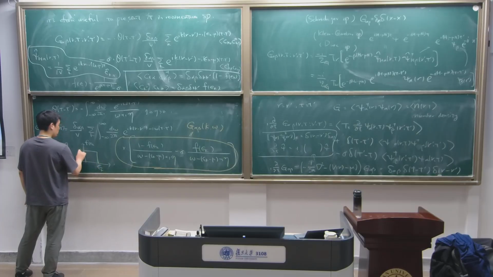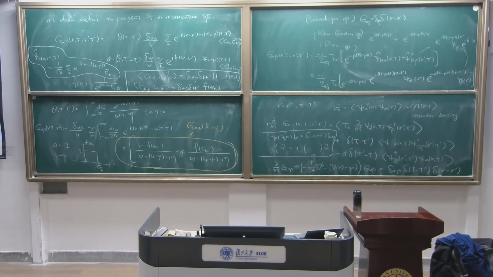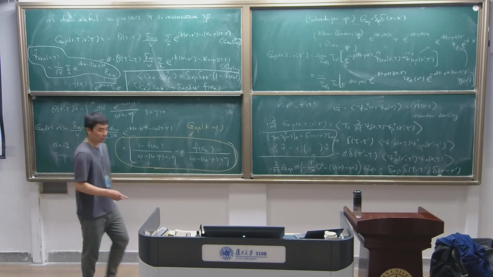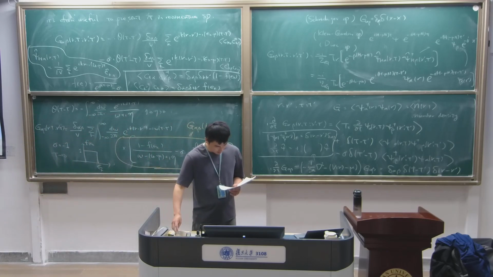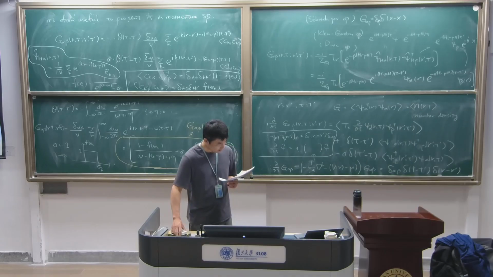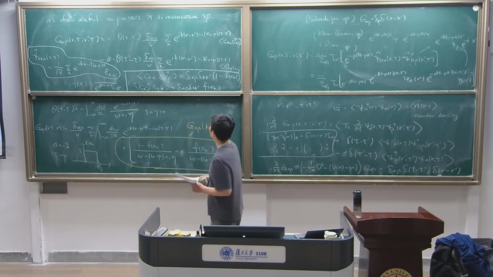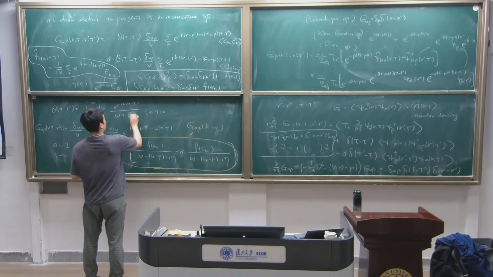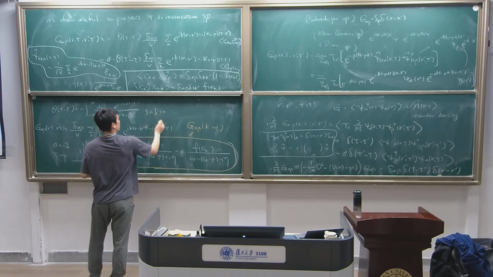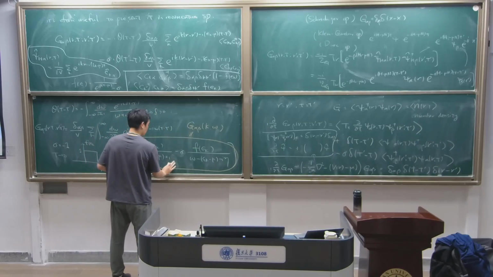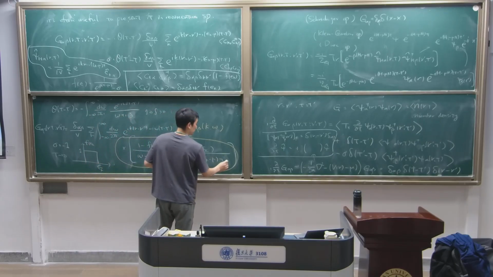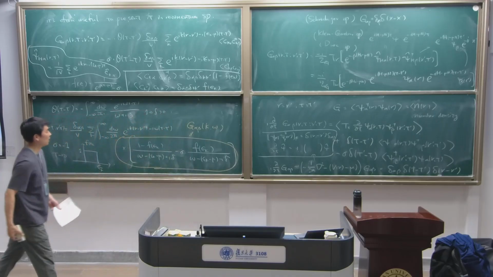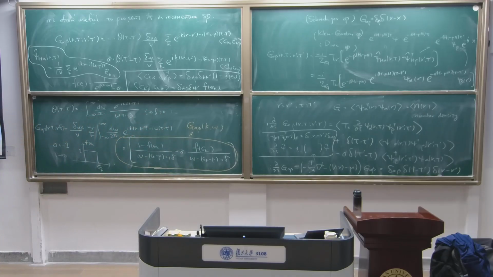Sorry, I think I set ħ to be 1, so it should be okay. Sorry, my notation, since the delta is better. I don't like the ħ, so I set ħ to be 1.